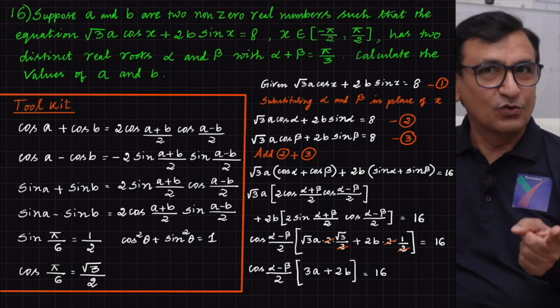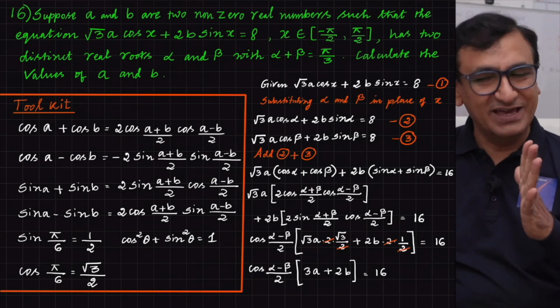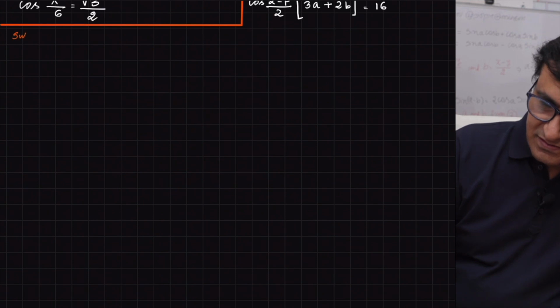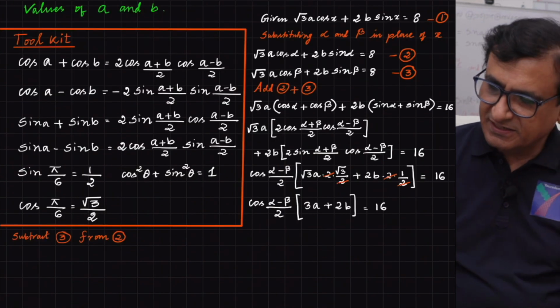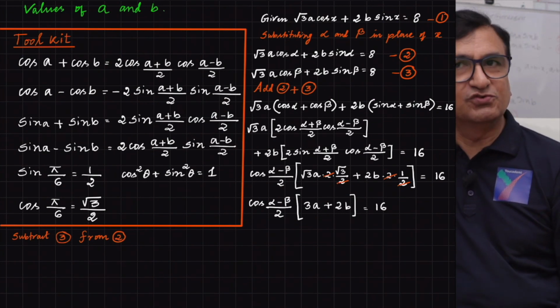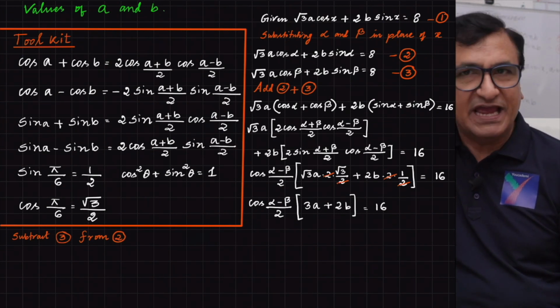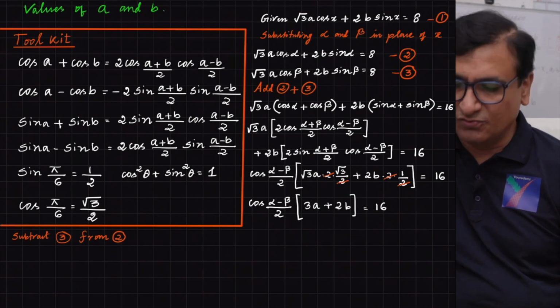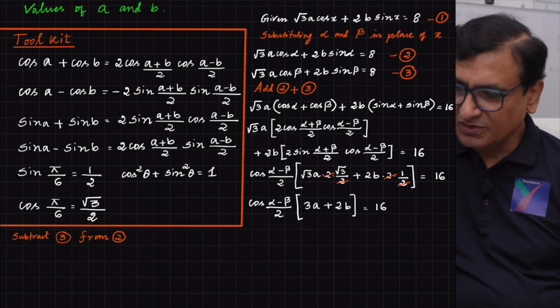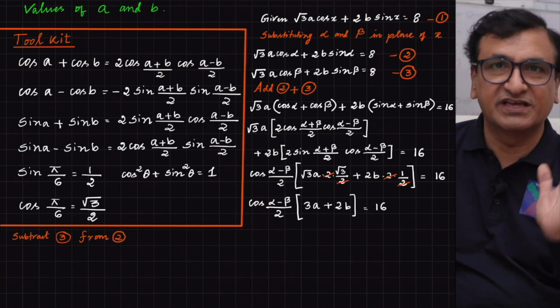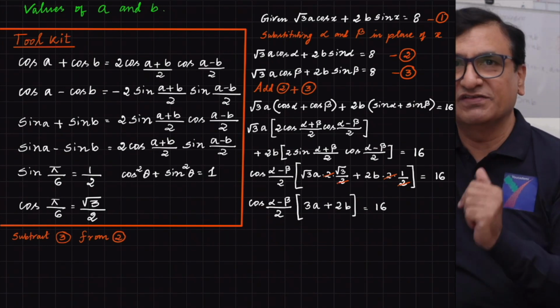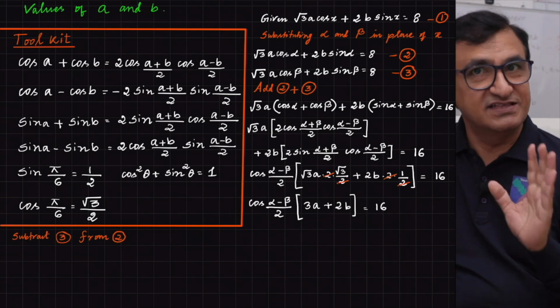For that, we are going to do equation 2 minus equation 3. Okay? Subtract 3 from 2. When you subtract 3 from 2 on the RHS, it will be 8 minus 8, that is 0. And like before, we have square root of 3a as the common term in the first part of the expression, and in the second part you have 2b as the common term.